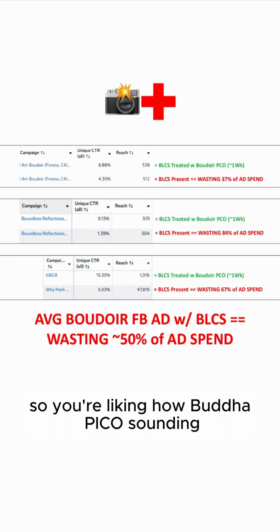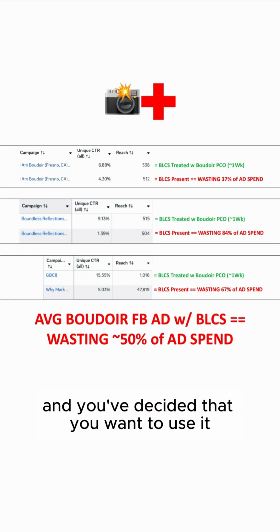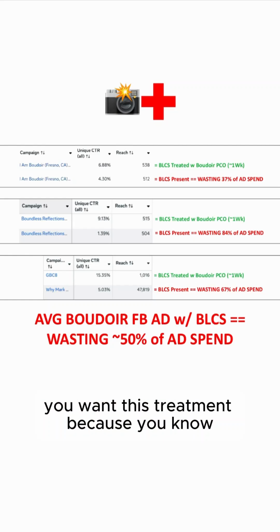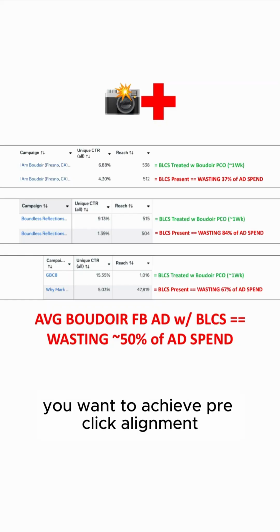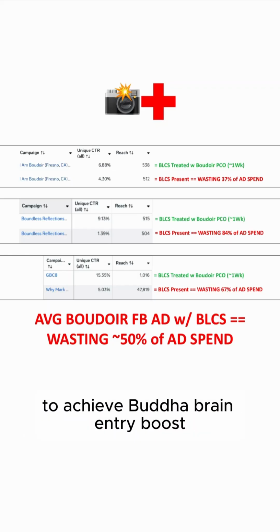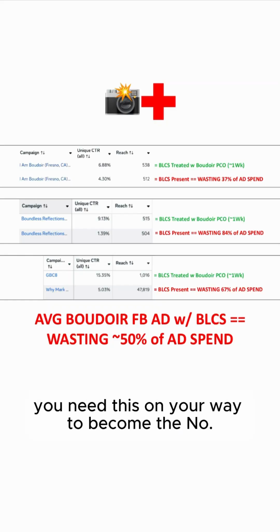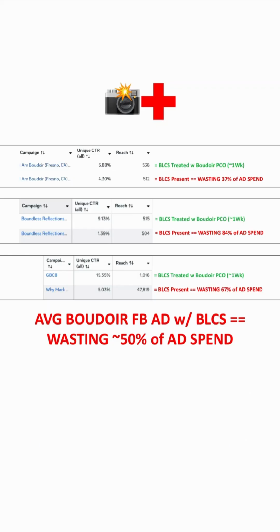So you're liking how Boudoir Pico is sounding, and you've decided that you want this treatment, because you want to achieve pre-click alignment, PCA, to become a dominant boudoir advertiser, to achieve boudoir brain entry boost, because you need this on your way to become the number one boudoir photographer in your city.